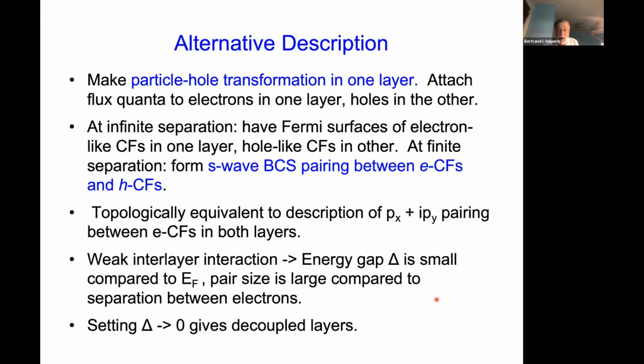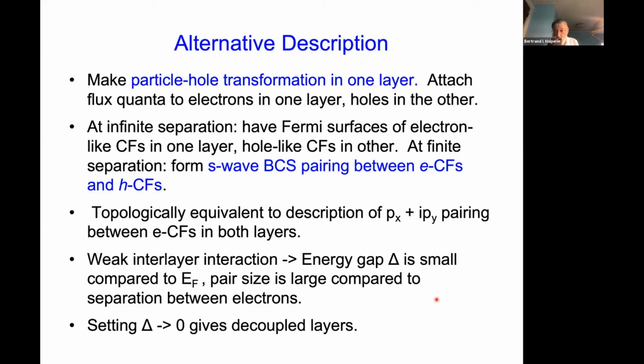But there still should be good descriptions of the ground state. Now, at finite separation, the natural thing to do would be to try to form an S wave, not P wave, but S wave BCS pairing between the electron-like composite fermions in one layer and the holes in the other. And it turns out, it's not at all obvious, but topologically, this is completely equivalent to the description of px plus ipy pairing between electrons in the two layers.